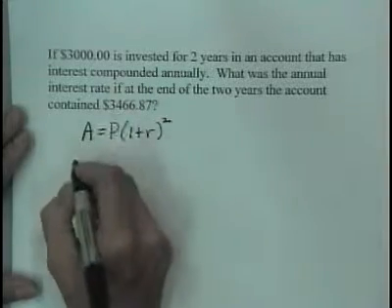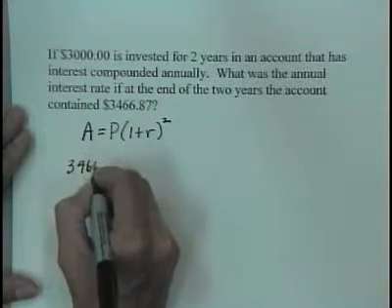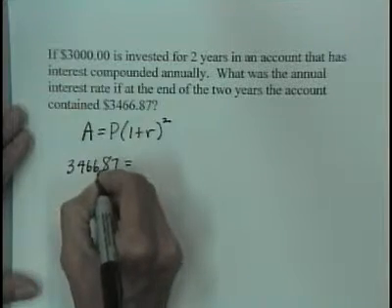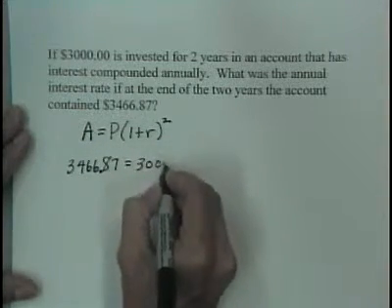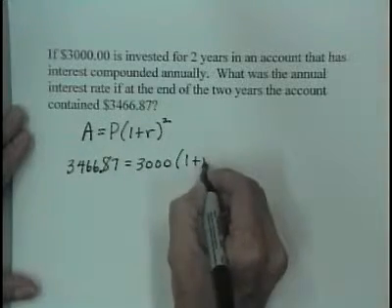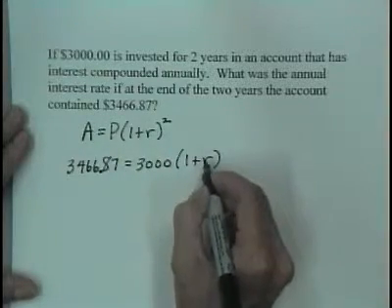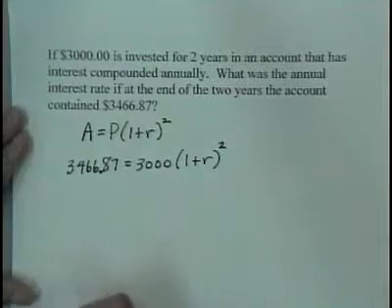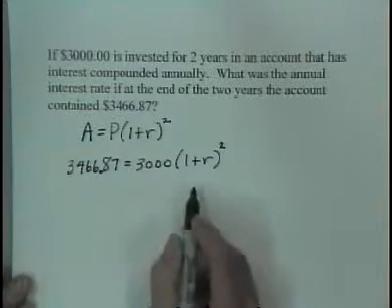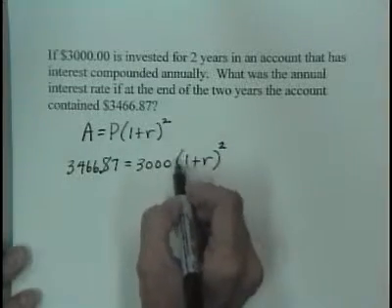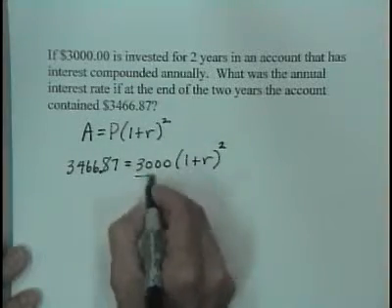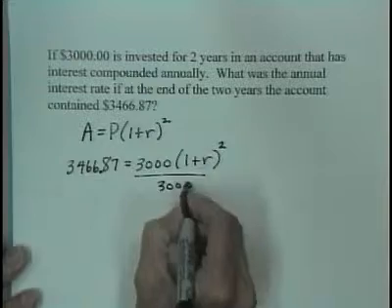What we'll do is put 3,466.87 for the amount of money we have, because we know that number. We know we invested $3,000. We want to know R, so we don't know it, and there's a square there. Well, this is definitely a square root method problem. The first step is to isolate this squared part by dividing by 3,000.